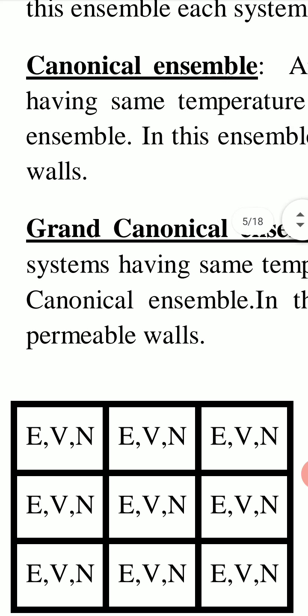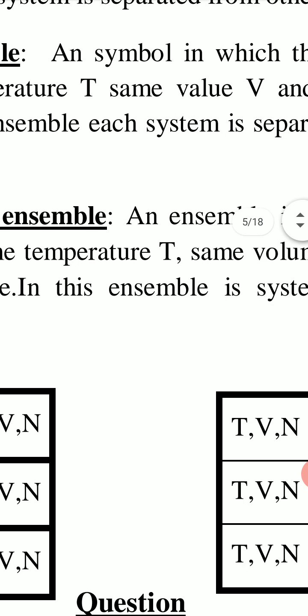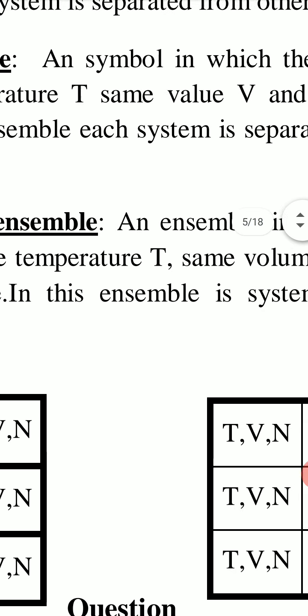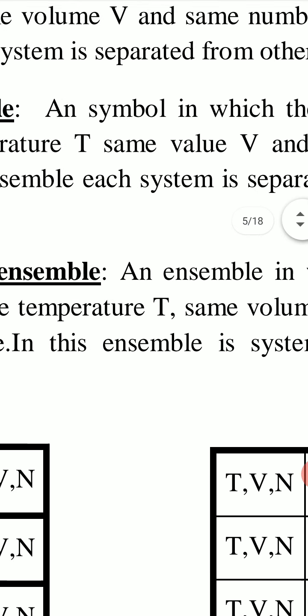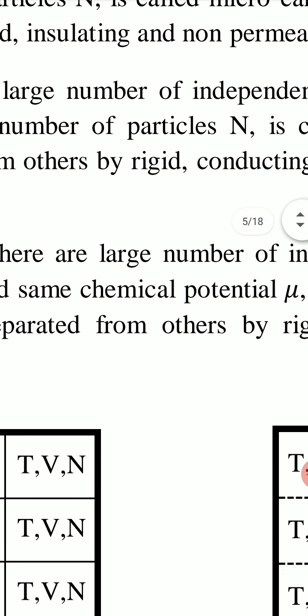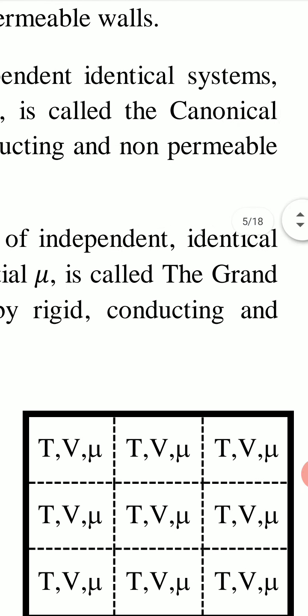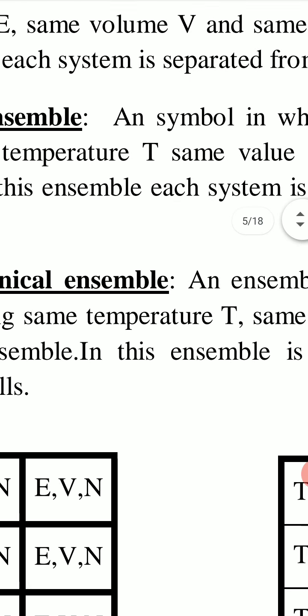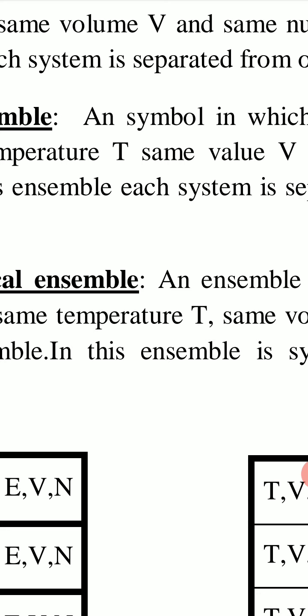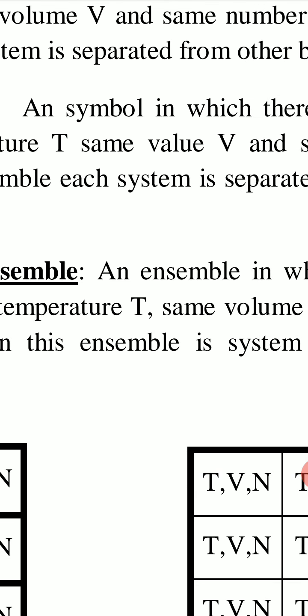Next is the canonical ensemble. An ensemble means a group of identical systems.